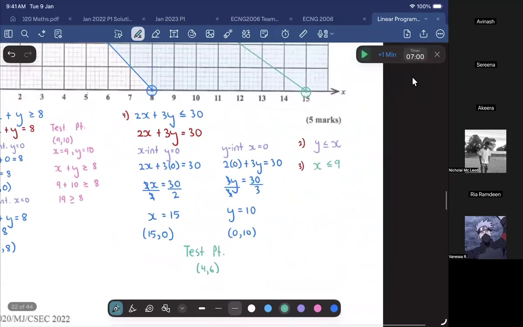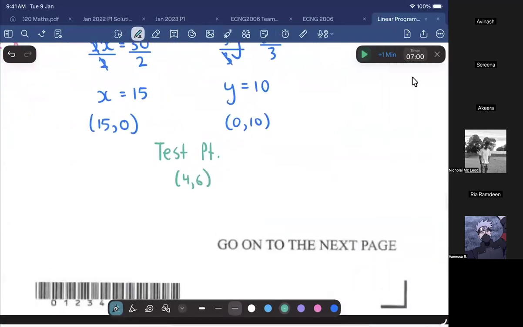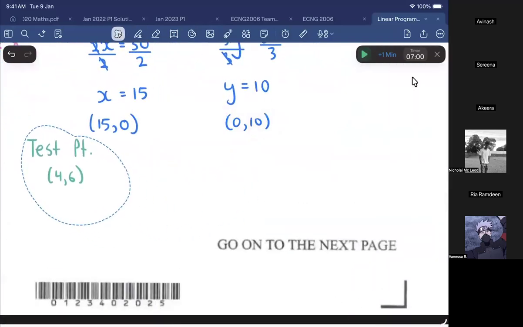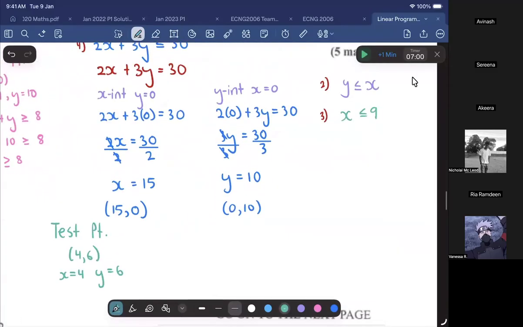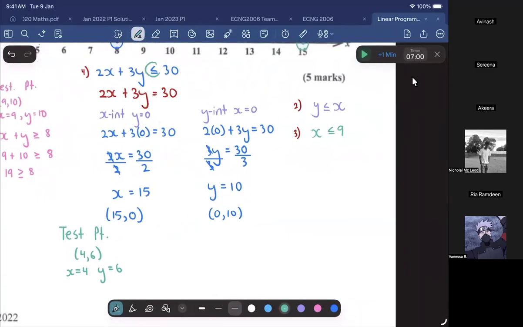Okay, so Nia, if this is our test point, what is our x value and what is our y value? The x value is 4 and the y value is 6. I want to see if that gives us something that is less than or equal to 30. So I'm going to write this back and leave out the sign in the middle, because I'm testing it.